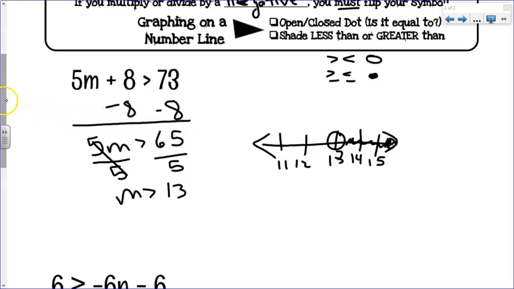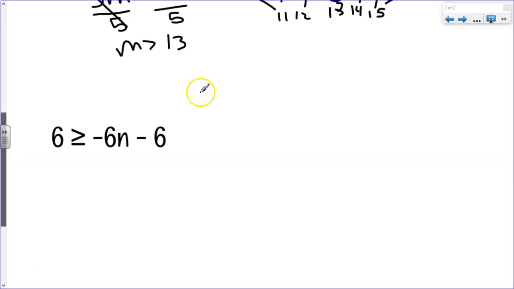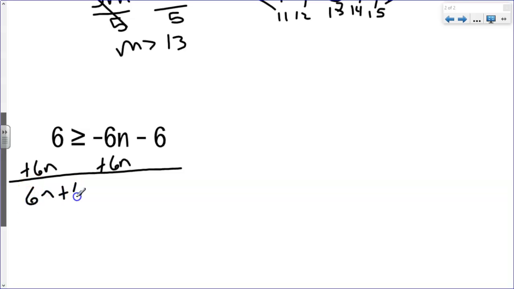Okay, let's look at the next one. Here, I like to have my variable on the left because then it tells me if it's greater than and all that. It's just easier to read. So I'm going to add 6n to both sides. You don't have to do it this way, but there are fewer mistakes. So we get 6n plus 6 is greater than or equal to negative 6.